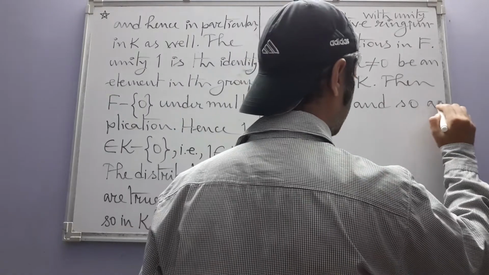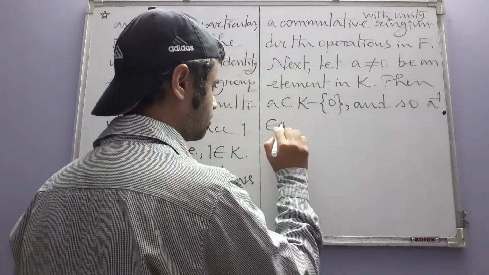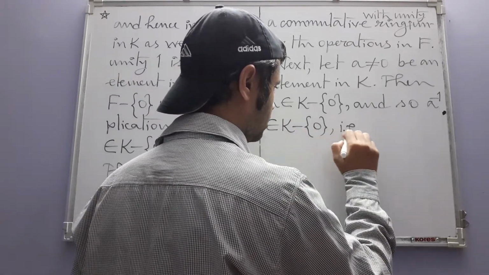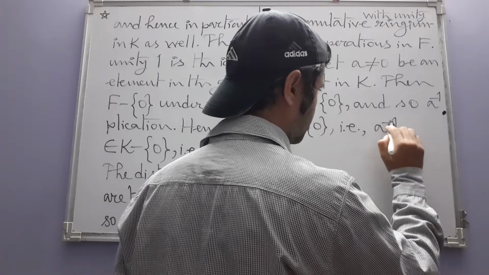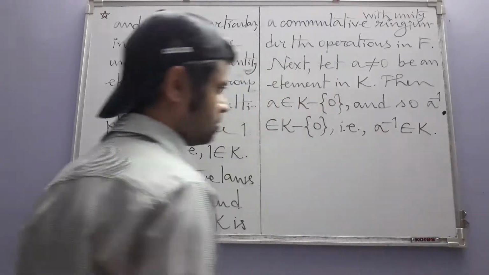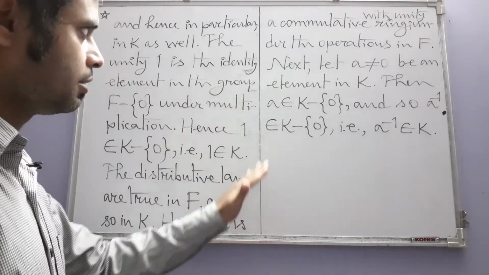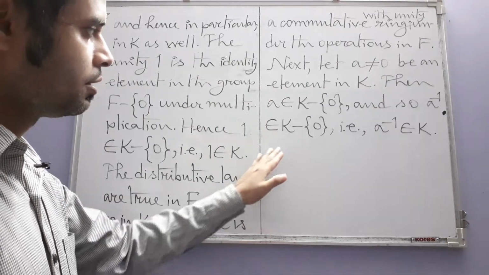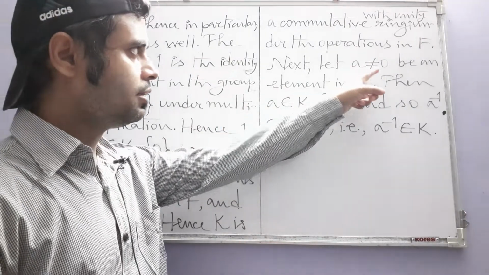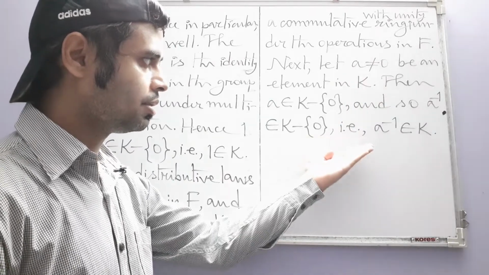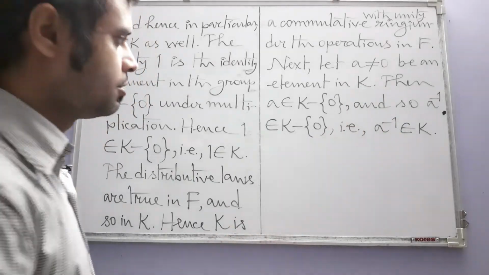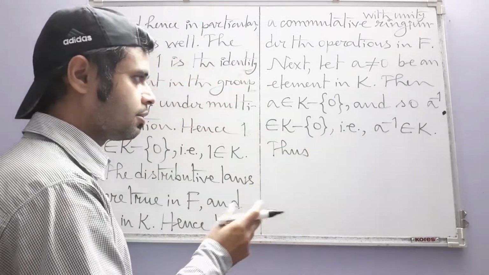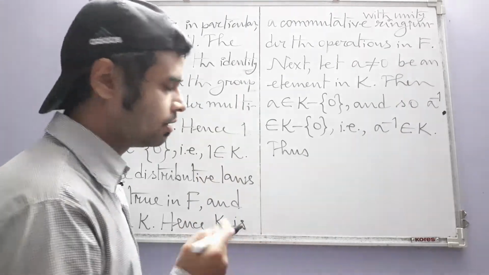And so A inverse belongs to this, i.e. ultimately it belongs to K. That means not only have we shown that K is a commutative ring with unity under the operations in F, but we have also shown that any non-zero element in K has a multiplicative inverse that is also in K. So by definition, K is a field, and since the operations are coming from F, K is a subfield of F.